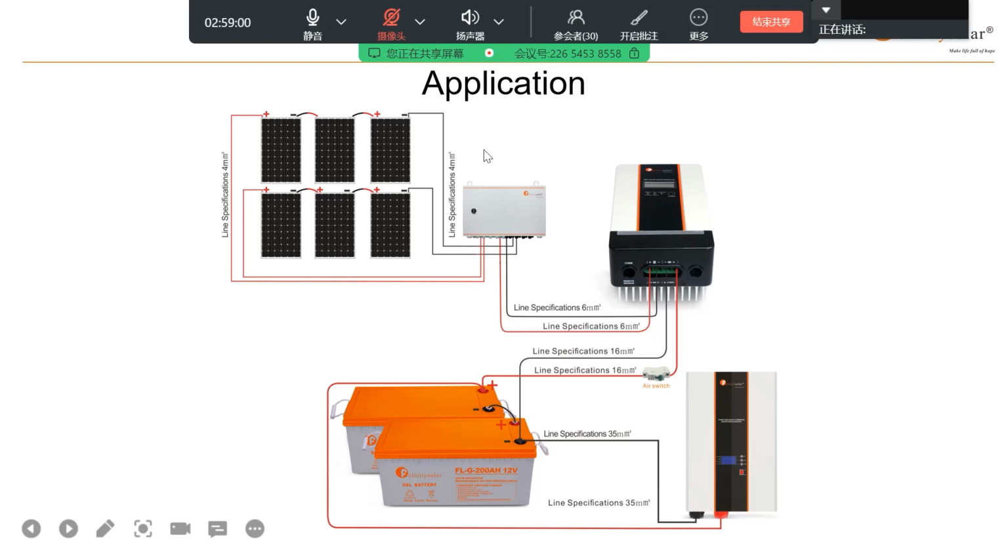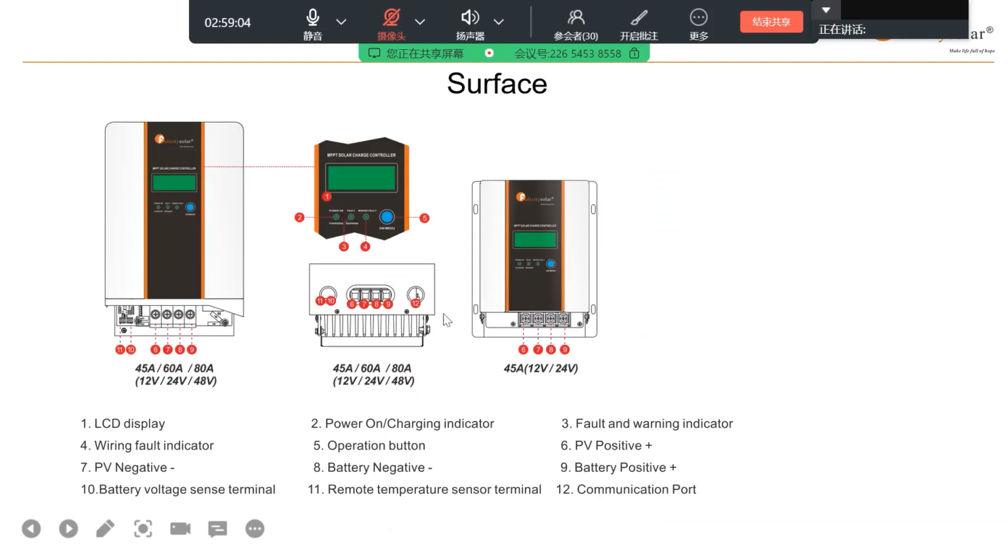This is one of the applications. Here is the connection port. You can see here is the communication port, which can communicate with the inverter IVPS.